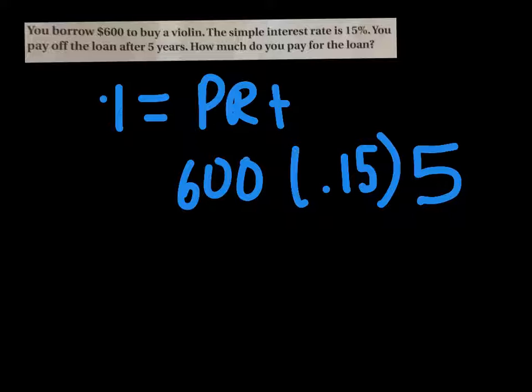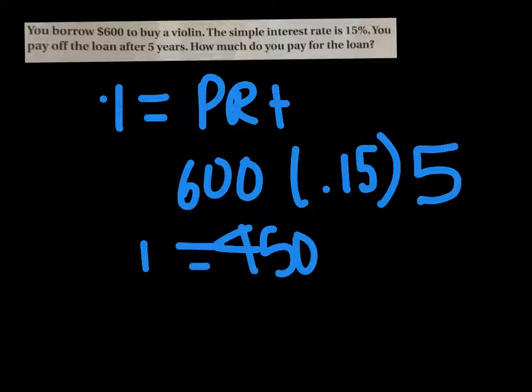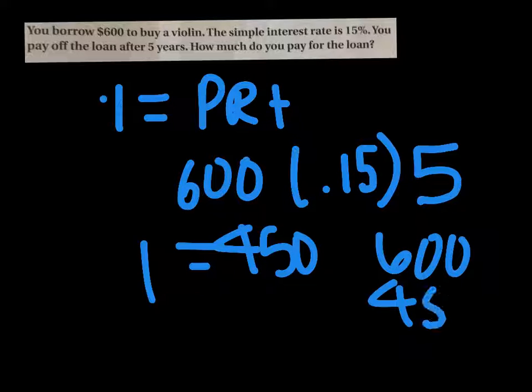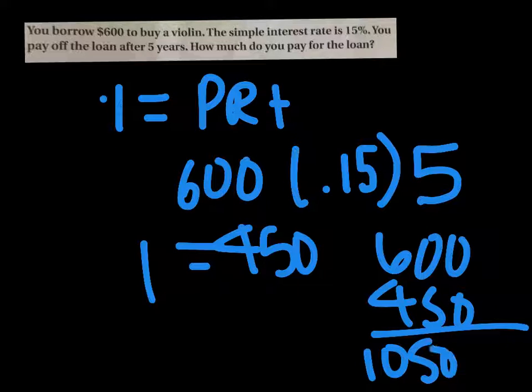Okay, so multiplying all that together, we get 450. So 450 equals the interest. So to find the amount that we paid, we add the $450 to the $600, and we get $1,050. So that's how much we paid for the loan.